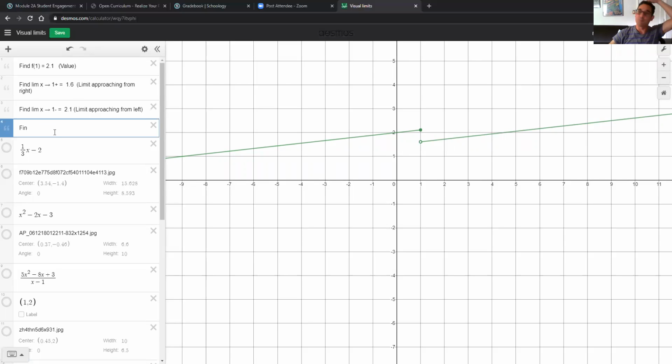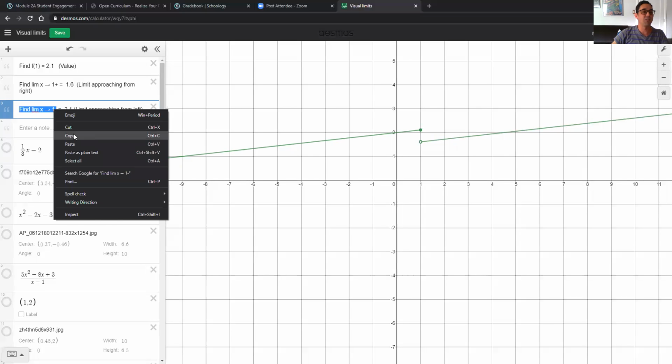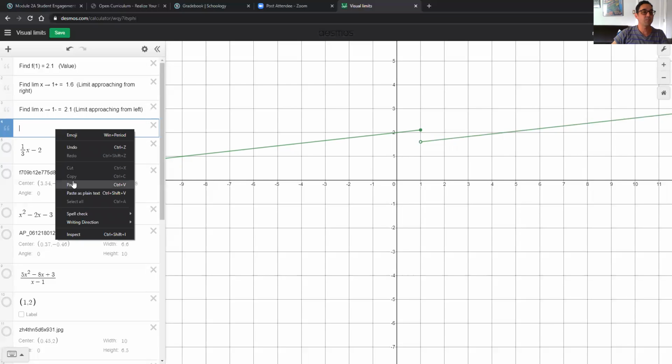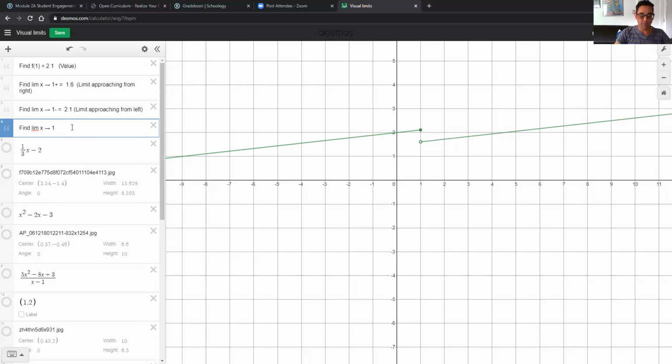Now, we have three different possibilities so far: the value, the limit from 1 plus, or from the right, and the limit from 1 minus, from the left. So then the question is, what's the limit of f(x) as x just approaches 1?